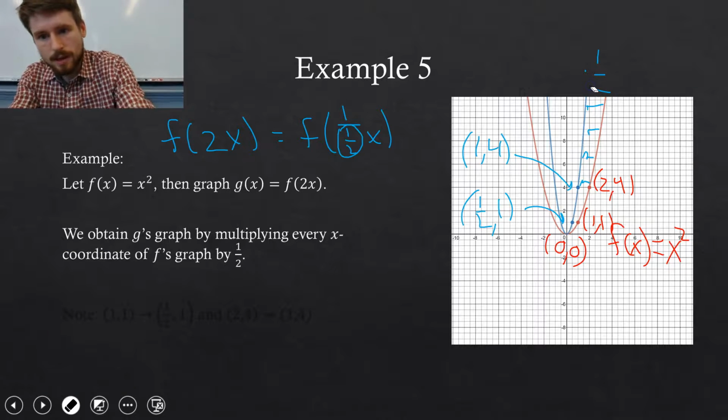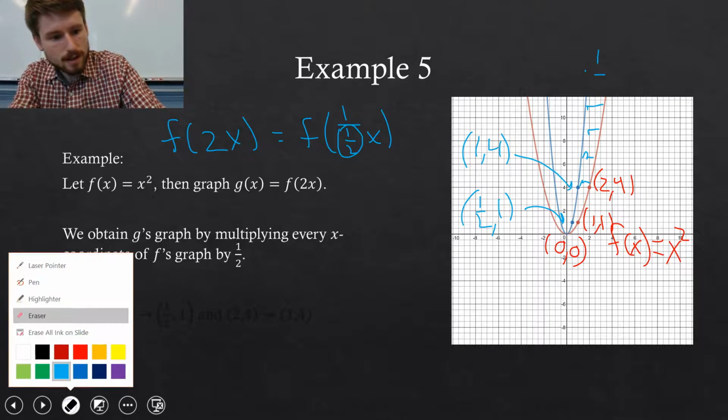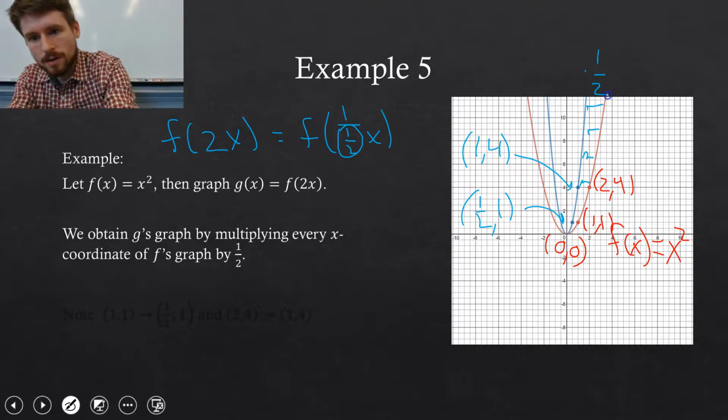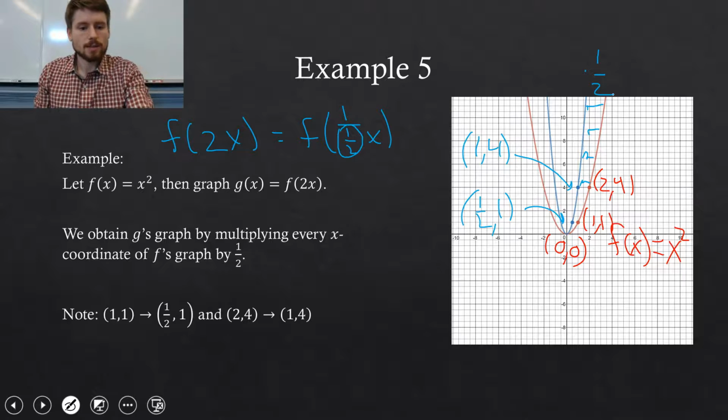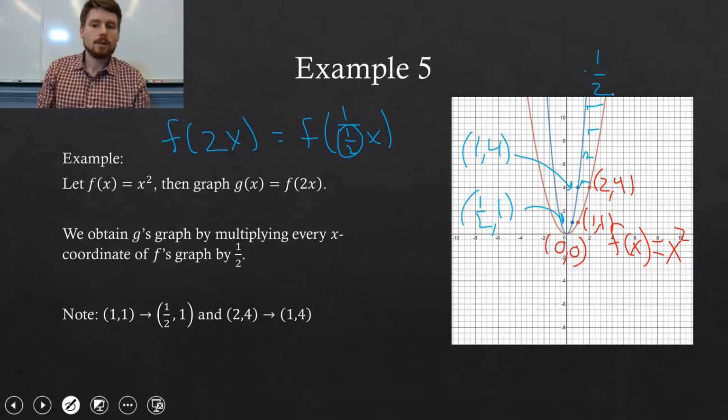Let's turn that into a half. Times 1/2 on all the x values. So you can see how that works with these numbers. (1, 1), multiply its x by 1/2, you get (1/2, 1). And (2, 4), multiply its x by 1/2, and you get (1, 4). And you can do that for any of the other points on our graph, and you'll get g from that.